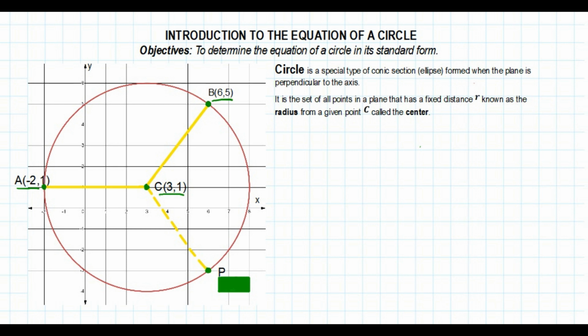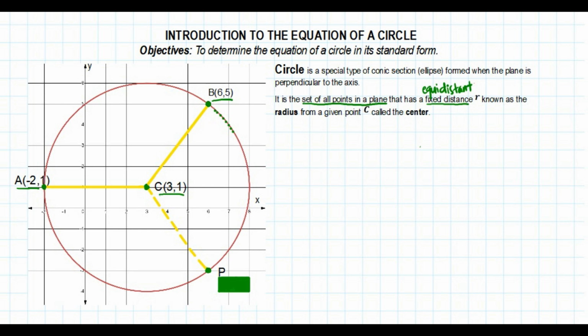Now, himayin natin. It is set of all points in a plane. Now, ito yung set of all points. Itong series of points na to doon sa circle na ang sabi, it has a fixed distance na which is tinatawag din nating equidistant, which means they have the same distance.